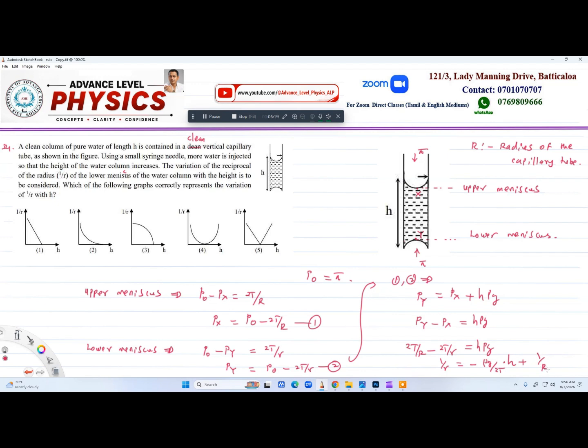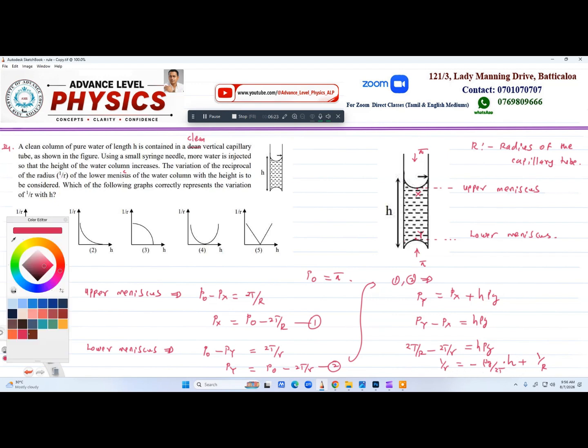So the format is clearly y equals minus m x plus c, where m is rho g over 2T, with T the surface tension.